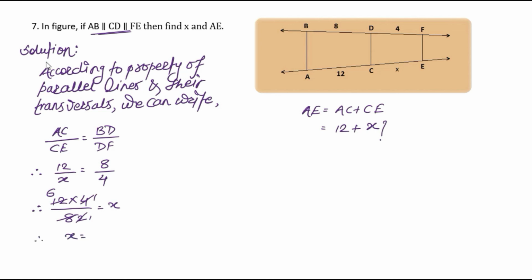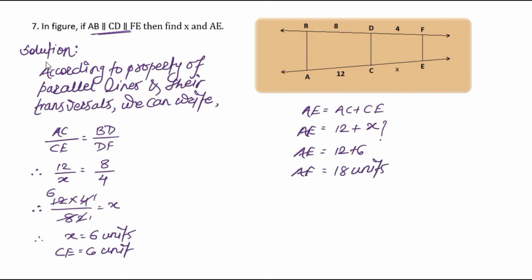Therefore, X is equal to 6 units. X means CE, so CE is equal to 6 units. This is one answer, and the remaining answer is AE. So AE is equal to 12 plus 6, which is 18 units. So these are the two answers. This is one, and this is another one.